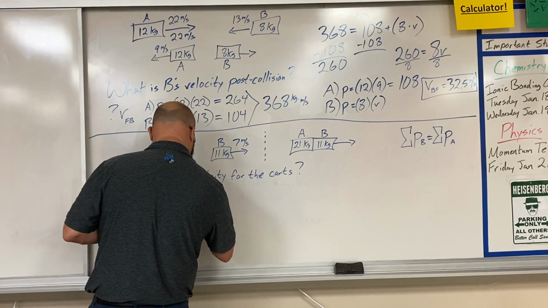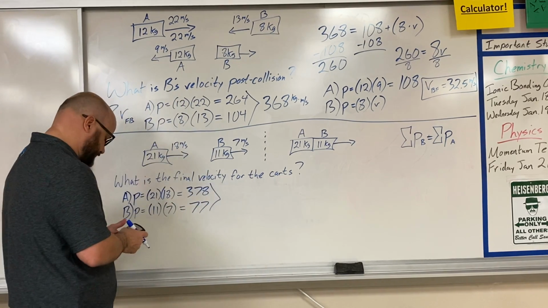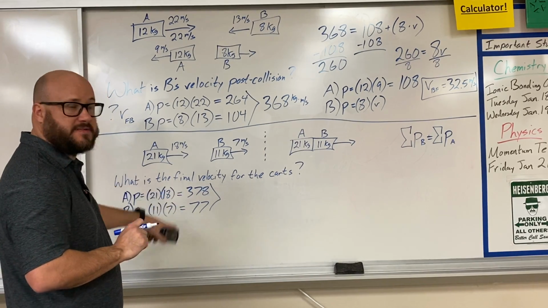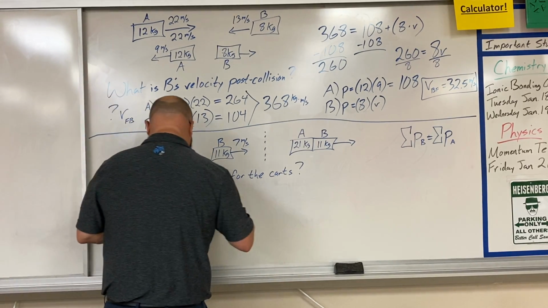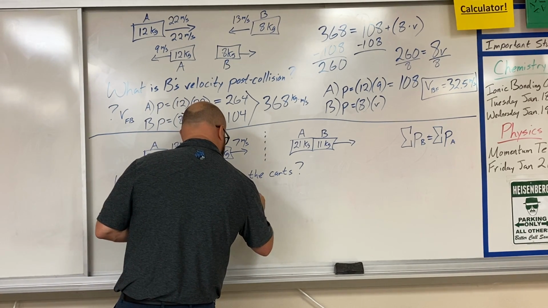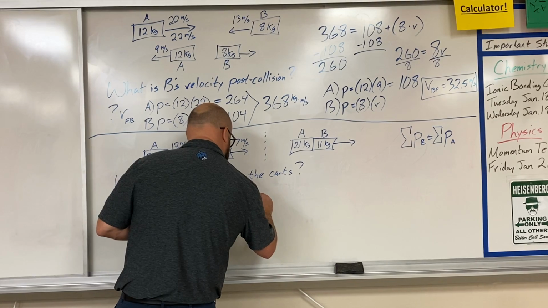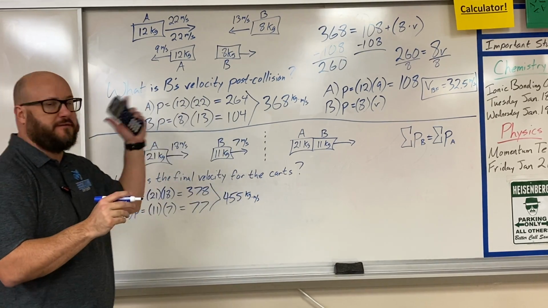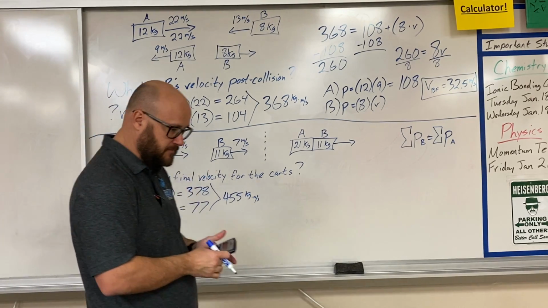And 11 times 7 is 77. Then you're going to add them together, and you get 455 kilograms times meters per second. That's your total momentum before the collision happens.